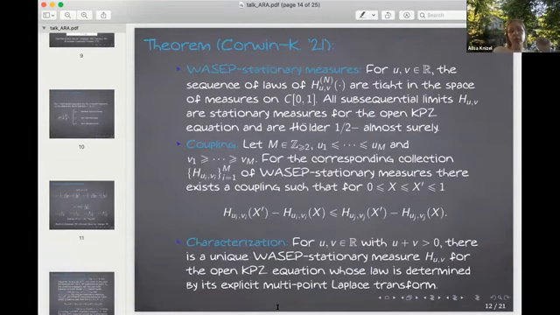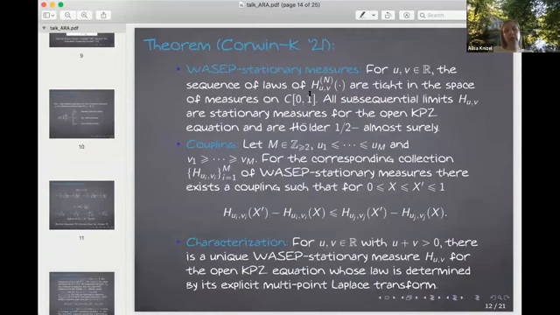The first two results are for the general case of U and V. For the last one, we need to assume that U plus V is positive. Then we show that this WASEP limit is unique. And moreover, we can characterize it uniquely.